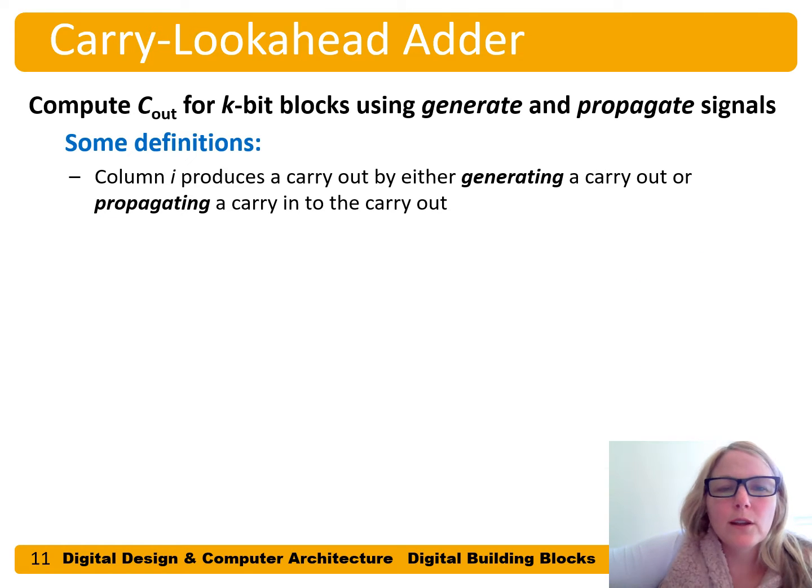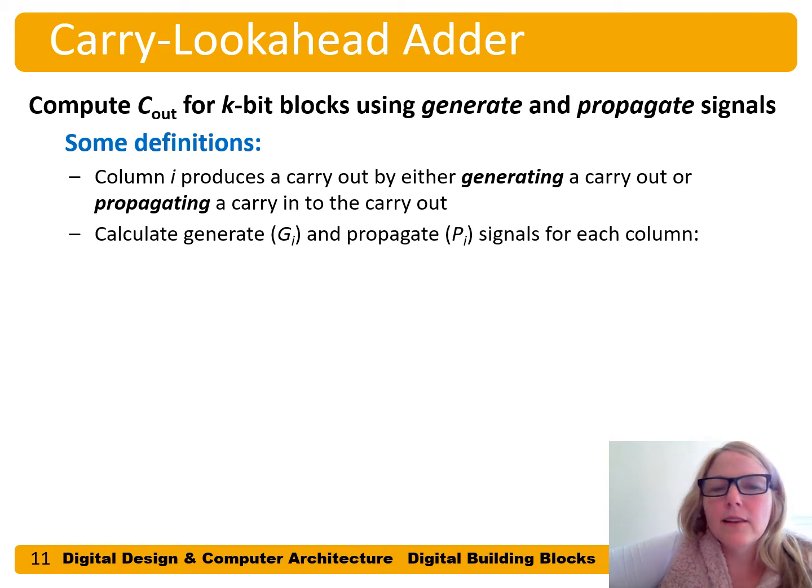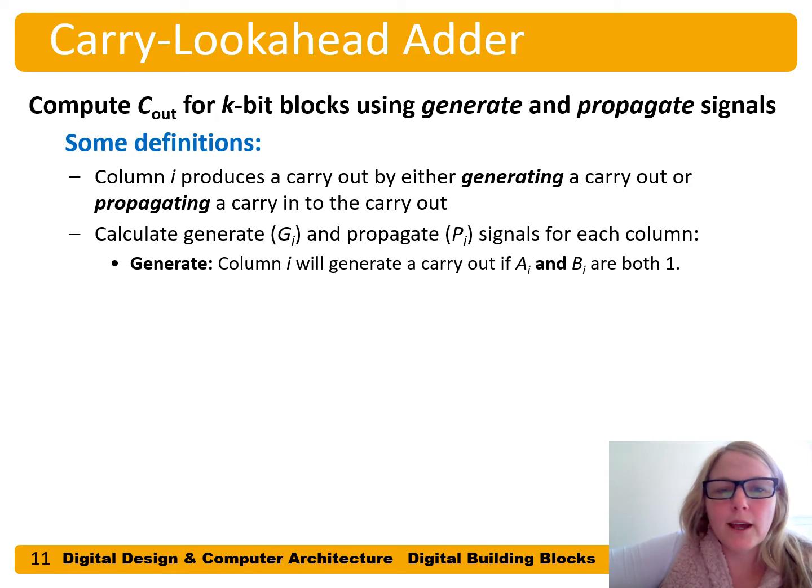Okay, so we can calculate these generate and propagate signals for each column. We have the generate signal for column I, and we just kind of talked about this already. A sub I and B sub I both have to be 1 to generate a carry in a column. That will generate a carry.